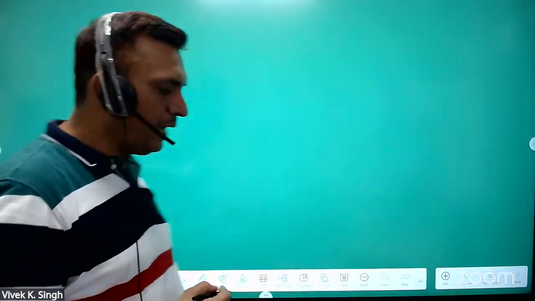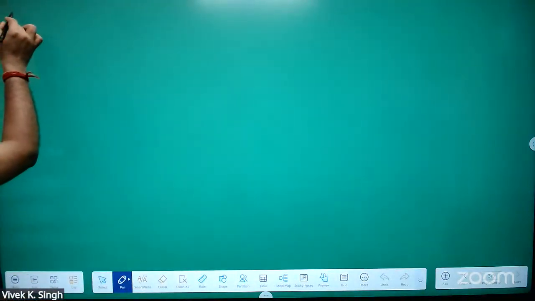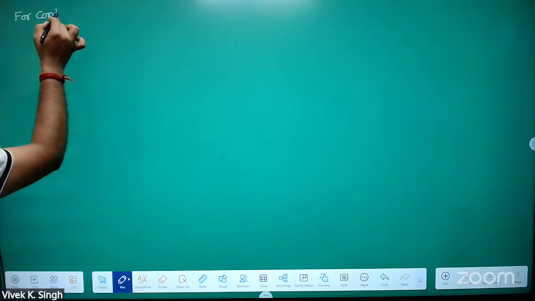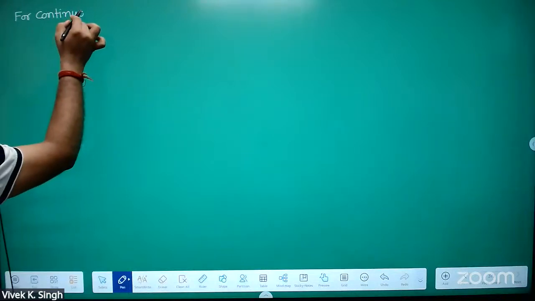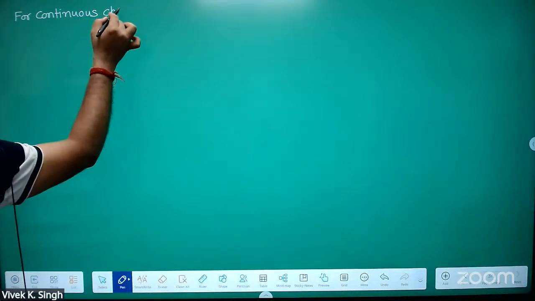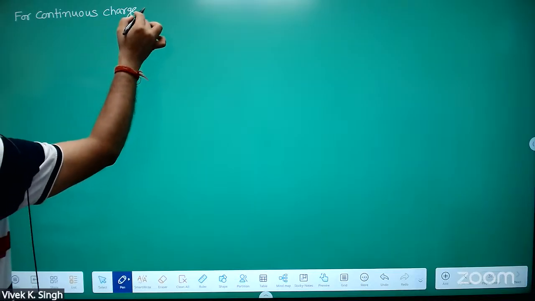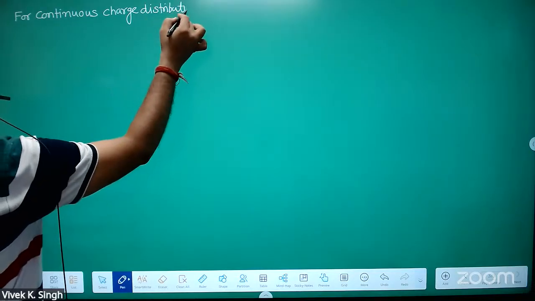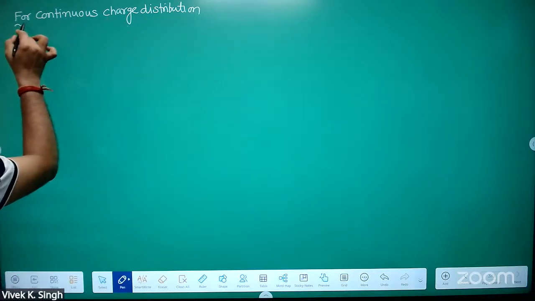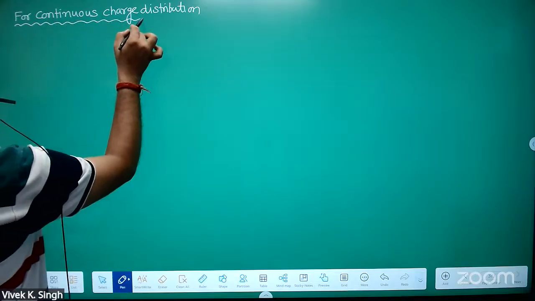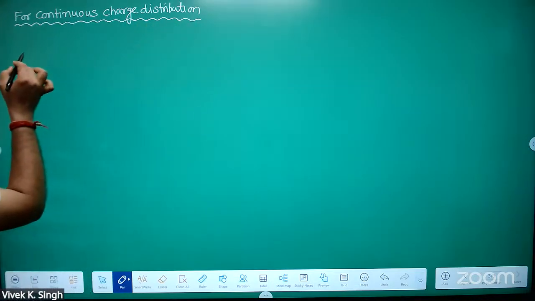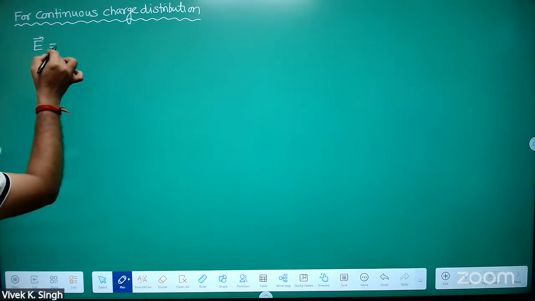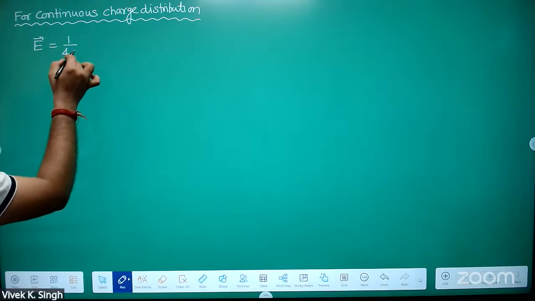This is for a set of n charges, but if you have a continuous charge distribution, electric field E is given by 1 by 4 pi epsilon naught.